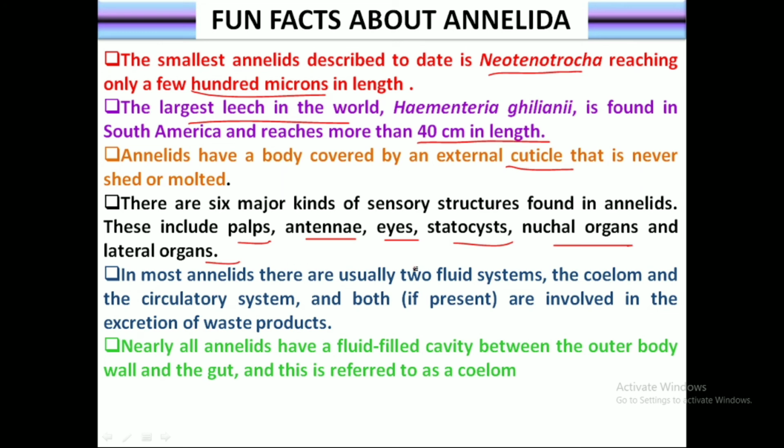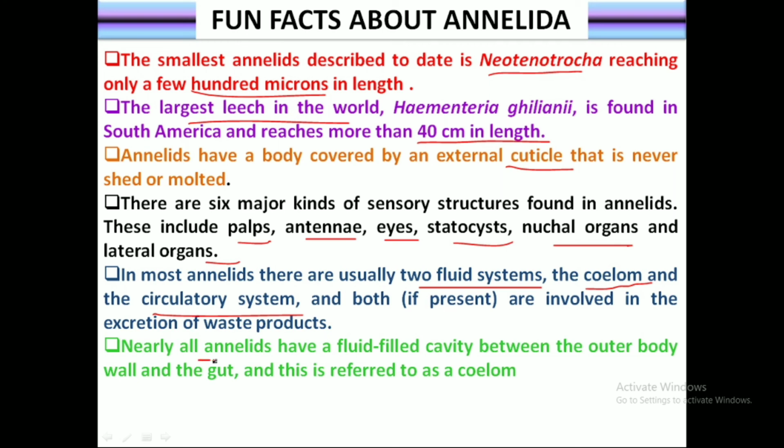So they have a great sense of sensory organs, and they can sense the things around them very well. In most annelids, there are two fluid systems: one, the coelomic fluid system, and the other, the circulatory system. In the species where both are present, they are also involved in excretion.